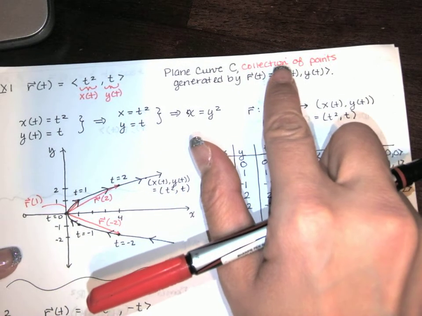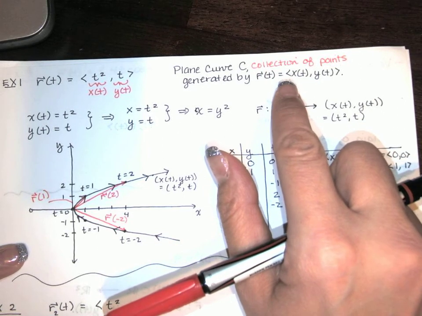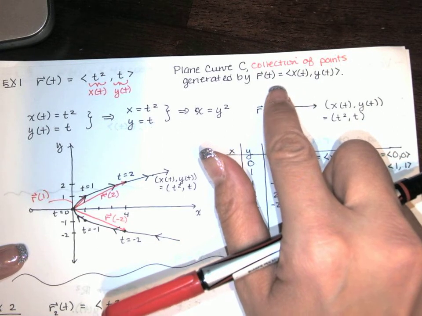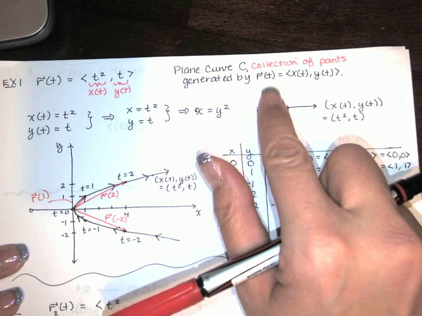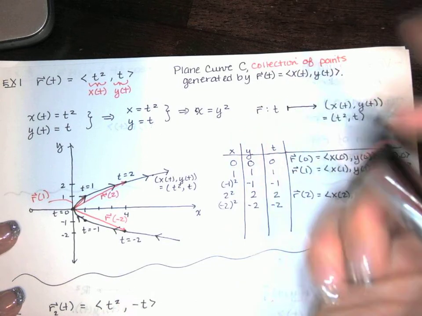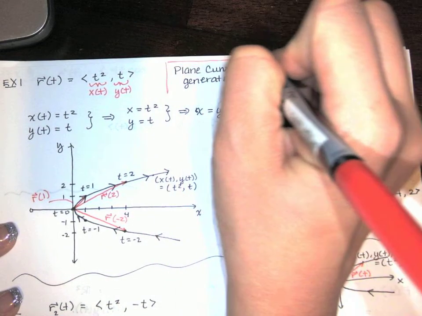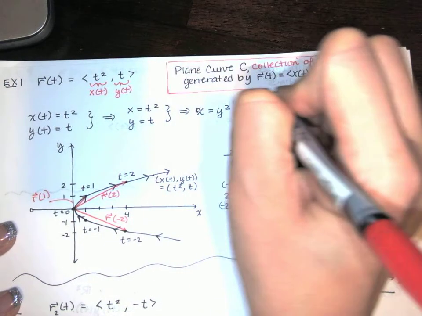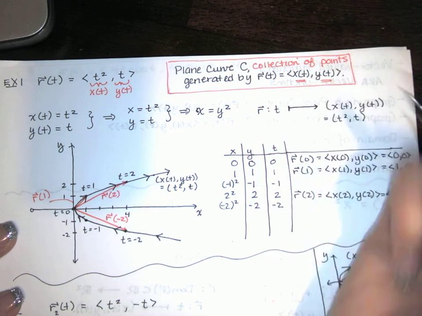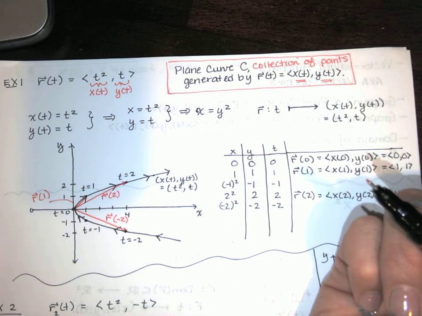And another characteristic of the plane curve C is the components of r of t, or the parametric equations of the curve. So the plane curve is not just the points, but it's also the equations x of t and y of t that generated that curve.